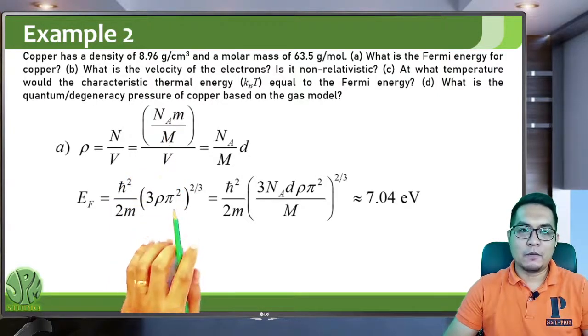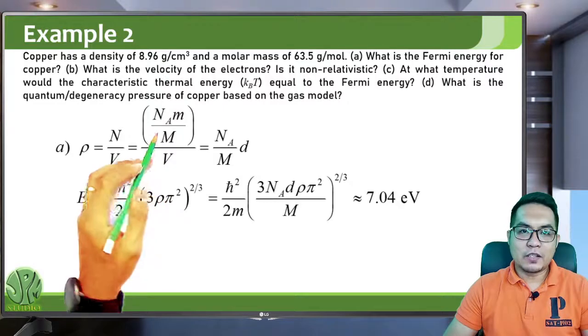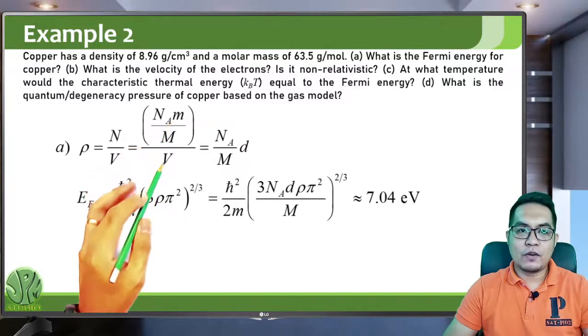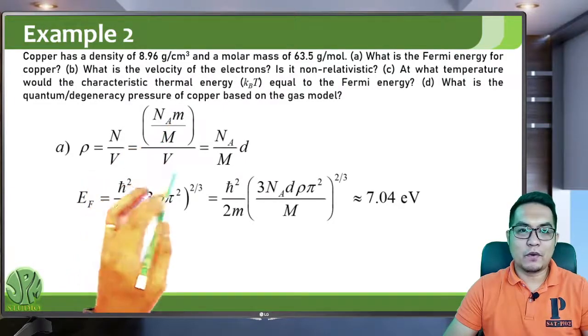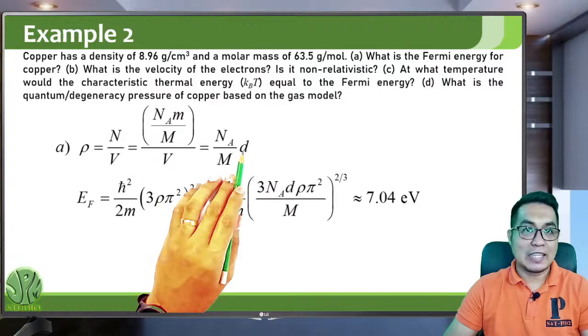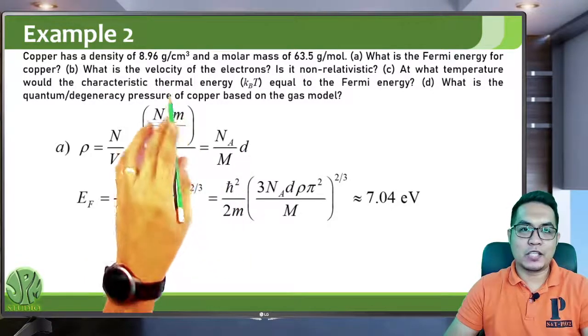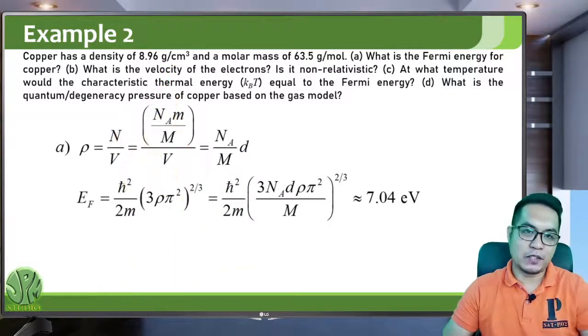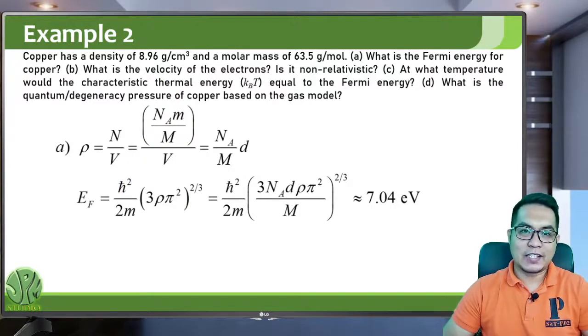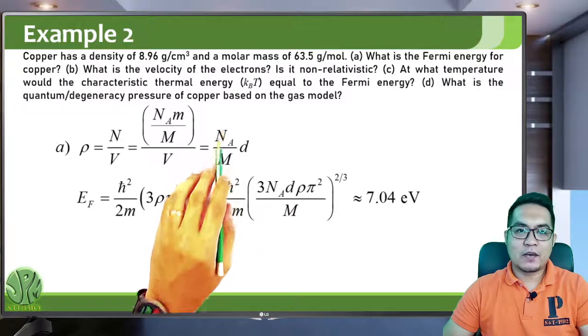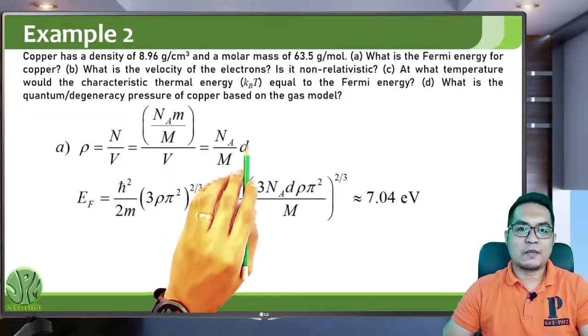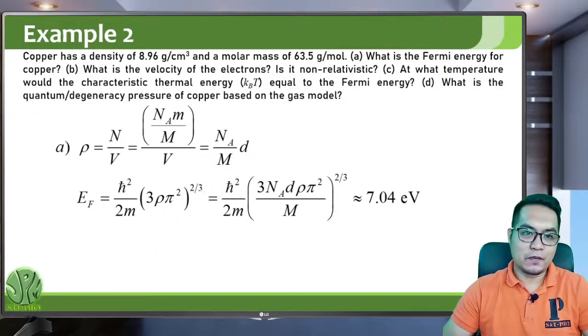Now you will obtain the term mass over volume, which is the quantity called the density, given as 8.96 grams per centimeter cubed. So we can now solve for the free electron density. It's just Avogadro's number divided by the molar mass times the density of copper.